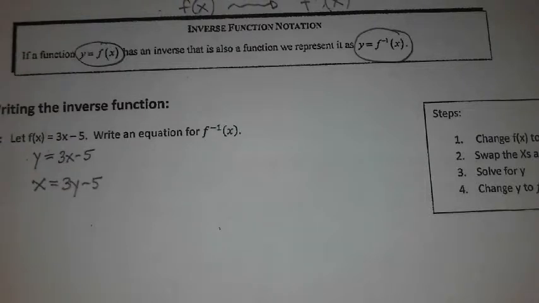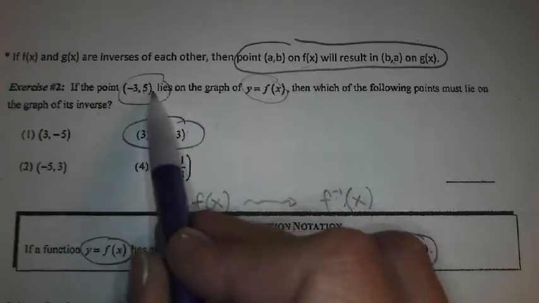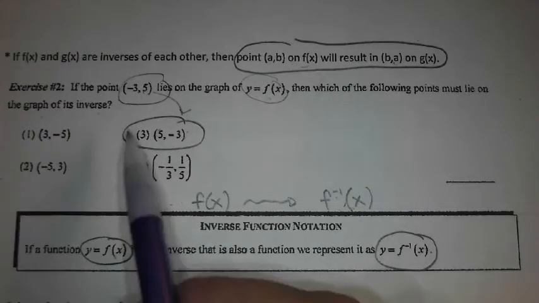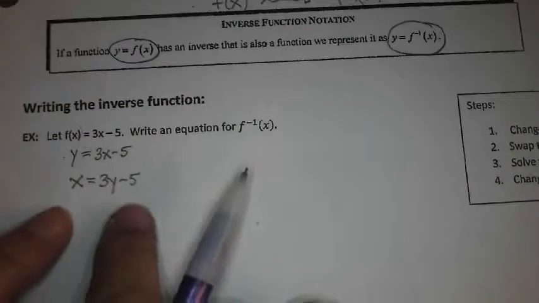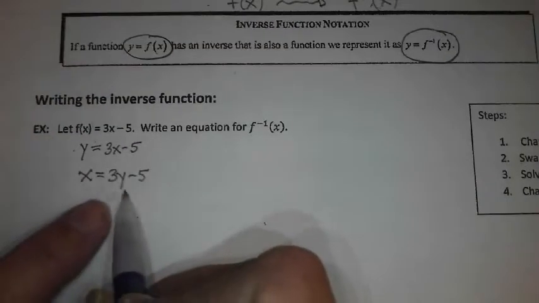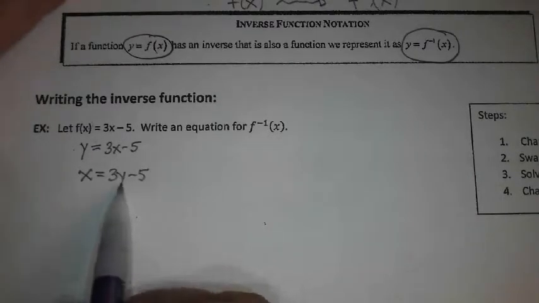Side note, this whole swapping of the x and the y is the reason this happened as well. Didn't we swap the x and the y coordinates? Yes? So there's a connection there. The whole swapping of the x and the y, that's the big key feature of inverses. So we swap the x's and the y's, and then we solve for y. So what should I do first, Andrew, to get y all by itself?